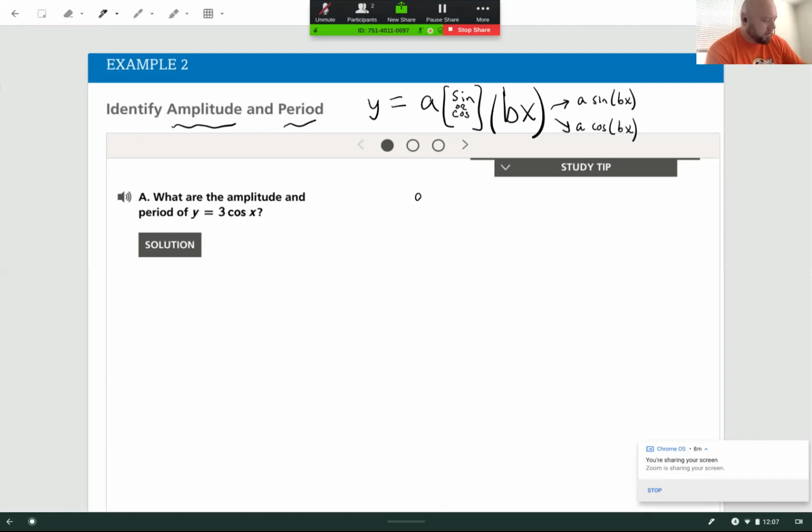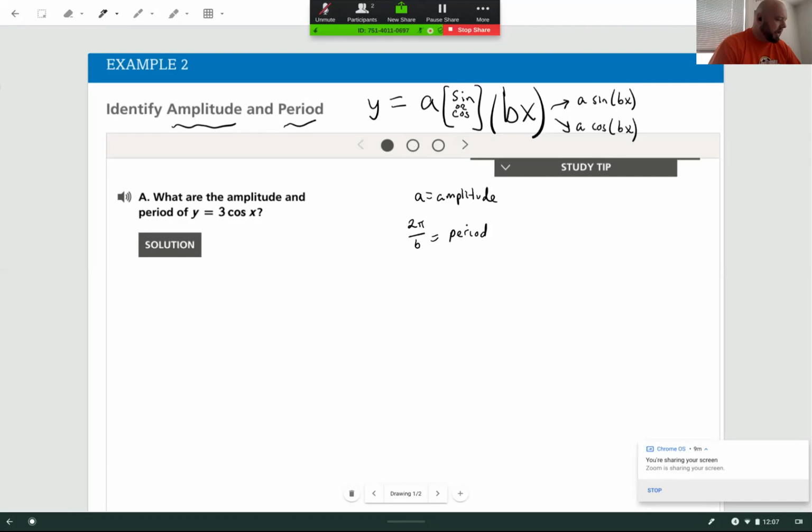So a is going to stand for the amplitude, and b by itself doesn't mean anything, but 2 pi divided by b is going to be your period. And those are formulas, and you should know them. Well, this a being amplitude is not really a formula, that's more of a definition, but 2 pi over b being your period is a formula, and that's something that you're going to need to know.